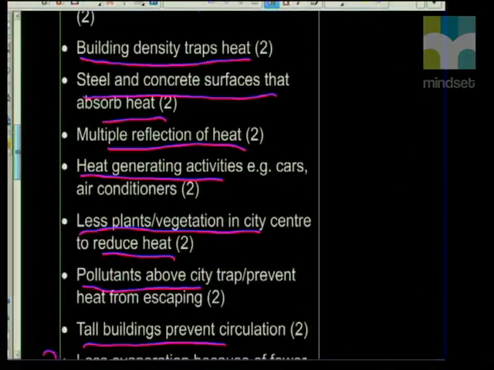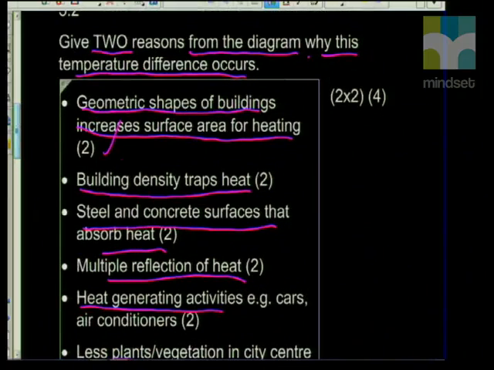Because there's less vegetation, less humidity, therefore the air is heated up when it comes through. So we have all these different factors which we can see. I worry a little bit about this one, but it's accepted because we see the vegetation and the tall buildings. But the rest of them, you can see clearly the trapping of the heat, etc. So look at your diagram and see what is relevant there. And obviously you got your 2 points, 2 marks.